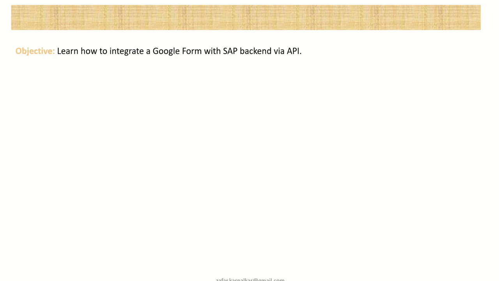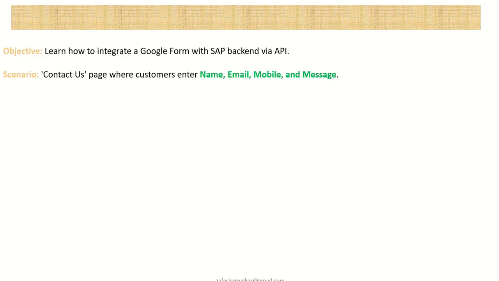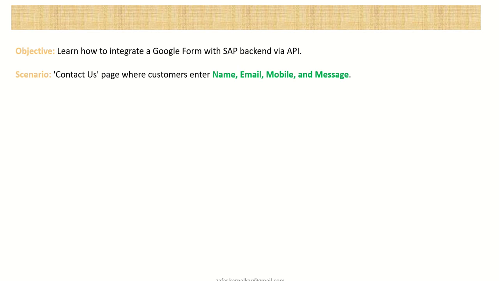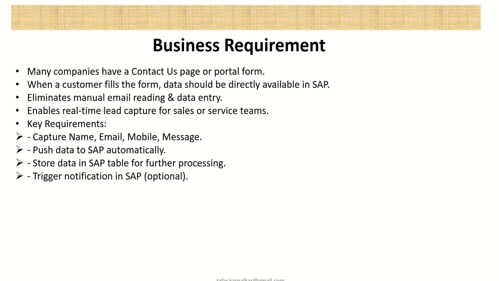The objective is to learn how to integrate Google Form with SAP backend via API. The scenario is a contact us page where the customer enters name, email, mobile, and the message. The outcome is that data should automatically be sent to SAP via API on form submission.